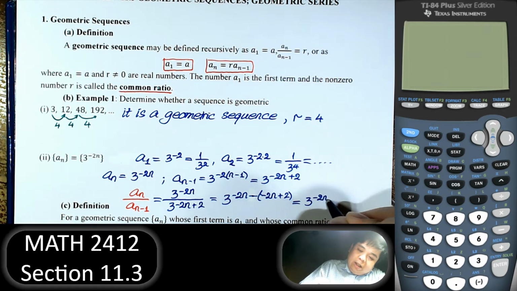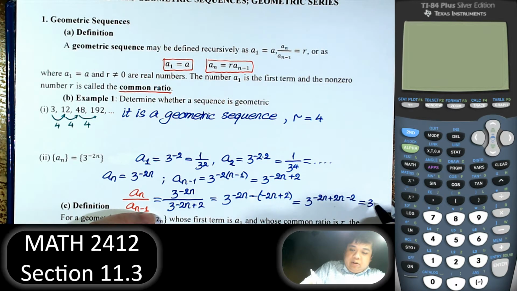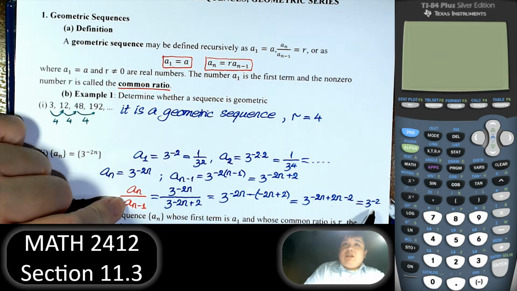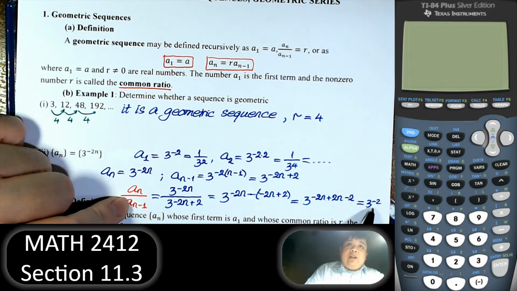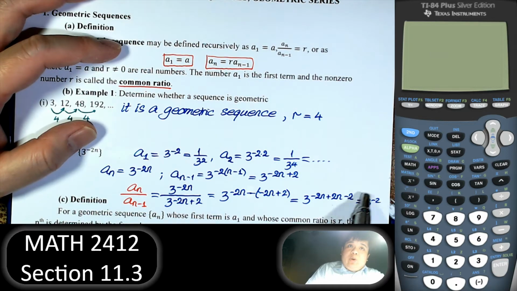Negative 2n plus 2n, that cancels out, and minus 2, so we have 3 to the negative 2. Now we take the ratio of consecutive terms, and we have a constant, and we know it is constant because it doesn't depend on n. So yes, this is also a geometric sequence where the common ratio is 3 to the negative 2.